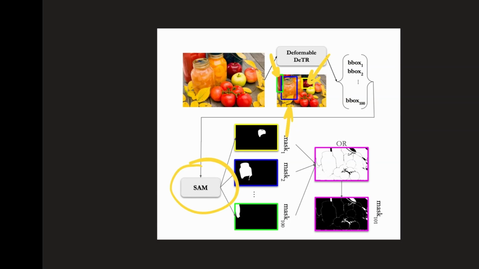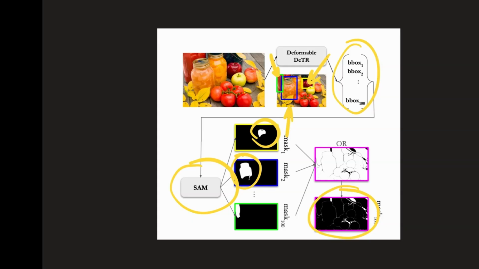So SAM is going to convert each box into masks. This is going to give you pixel level precision for each region. On top of that, we're going to add one extra background image here. So in total, you're going to have 101 masks. You're going to have 100 object regions like this, and then you're going to have a background region.